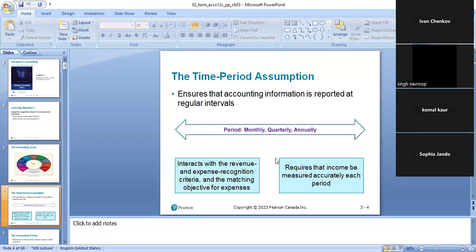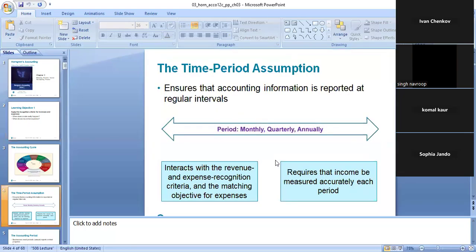So first things first, the time period assumption. Everything happens in our life because there's time. If there's no time, nothing's going to happen. So for that reason, we're going to report the accounting information for a period of time.